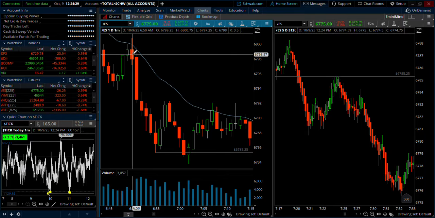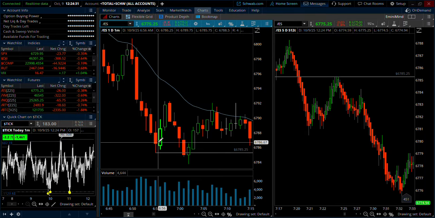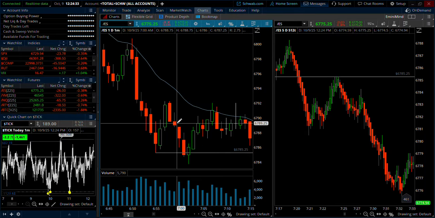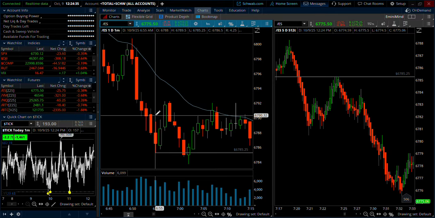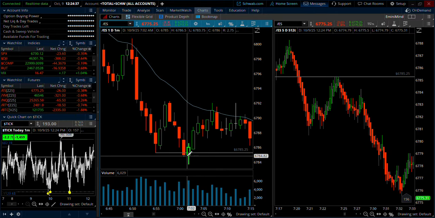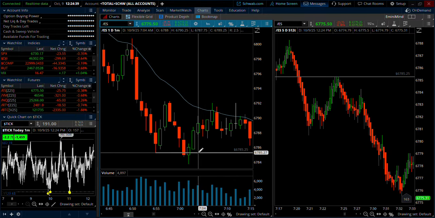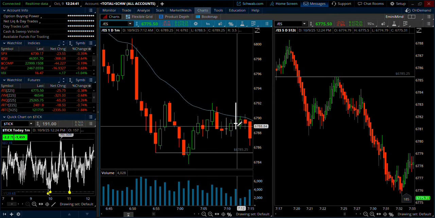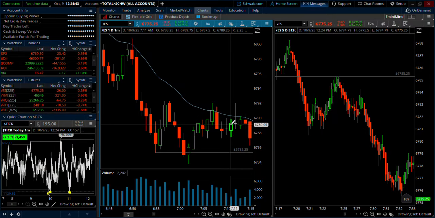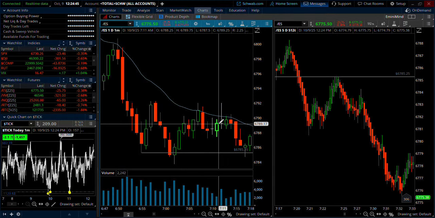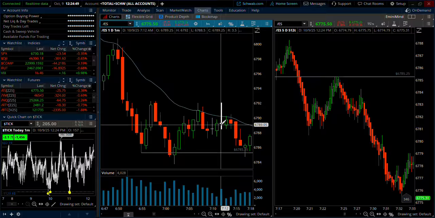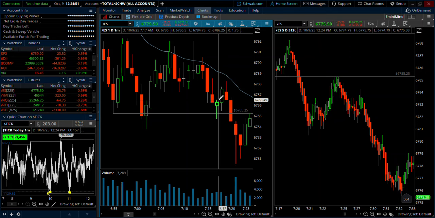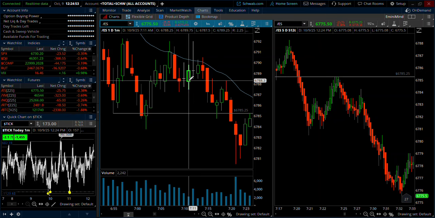If you're short and you get a hammer, I will bring my stop above that hammer. And if I'm long and I get an inverted hammer, I will bring my stop up underneath that inverted hammer. Because if I wasn't in the trade, a hammer or an inverted hammer is a signal of a trend reversal. So that's a perfect place to move the stop to tighten it in case it does reverse, and then you can get out. So that one was only for 1.5 points.